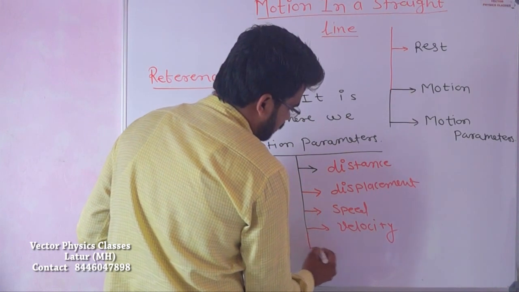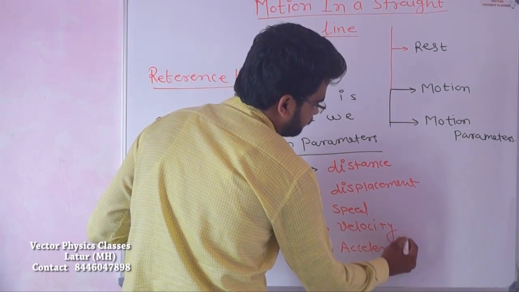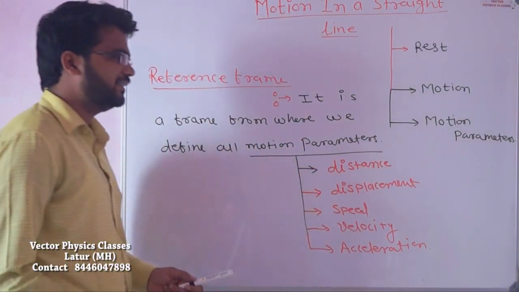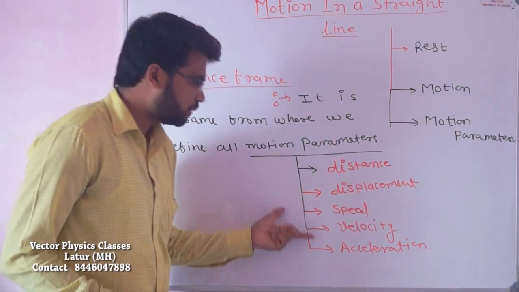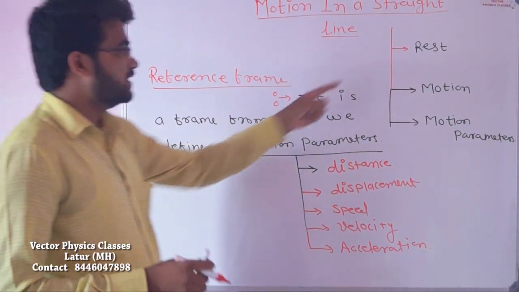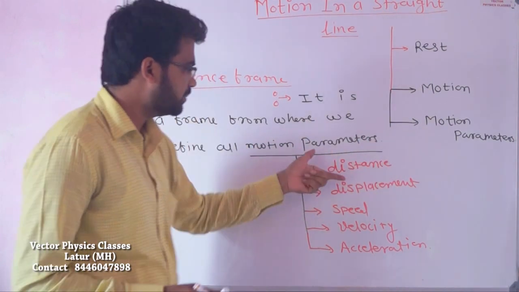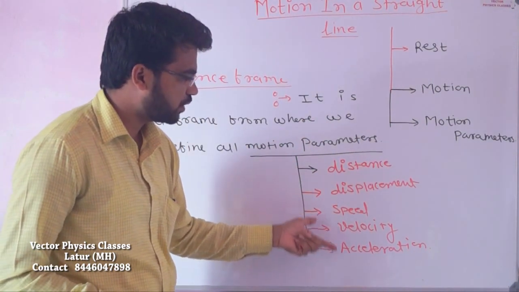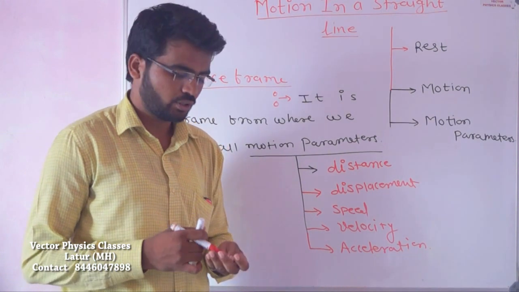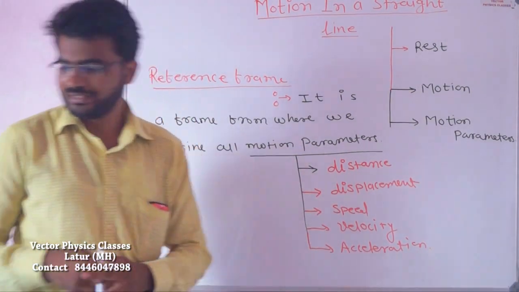Number 5, we have acceleration and all, right? So these are the motion parameters. So what is rest and what is motion? It is clear, right? And motion parameters means distance, displacement, speed, velocity and acceleration. So now we'll study about distance and displacement.